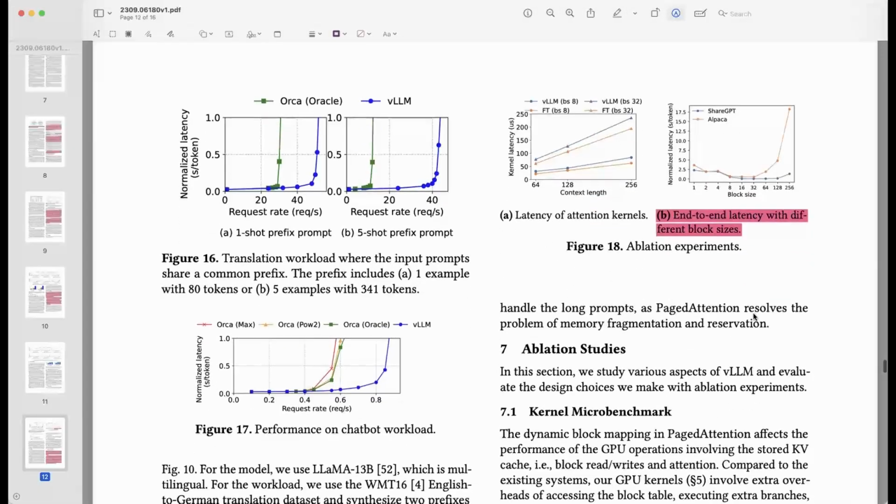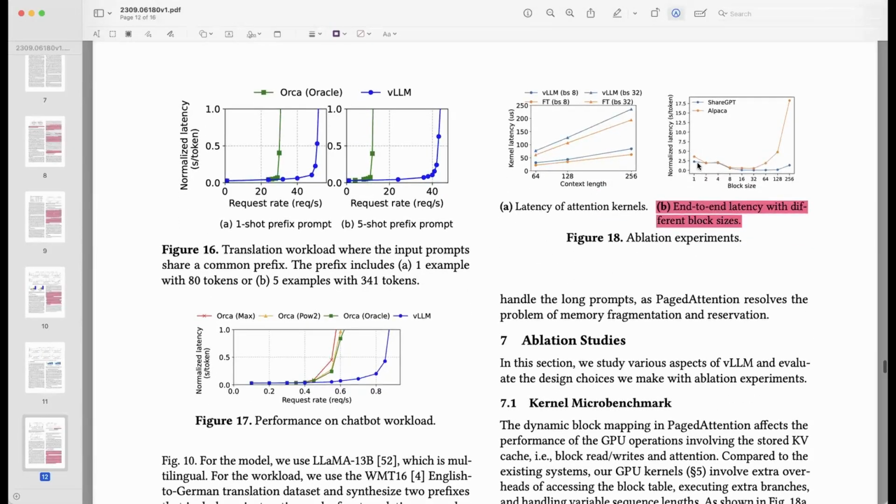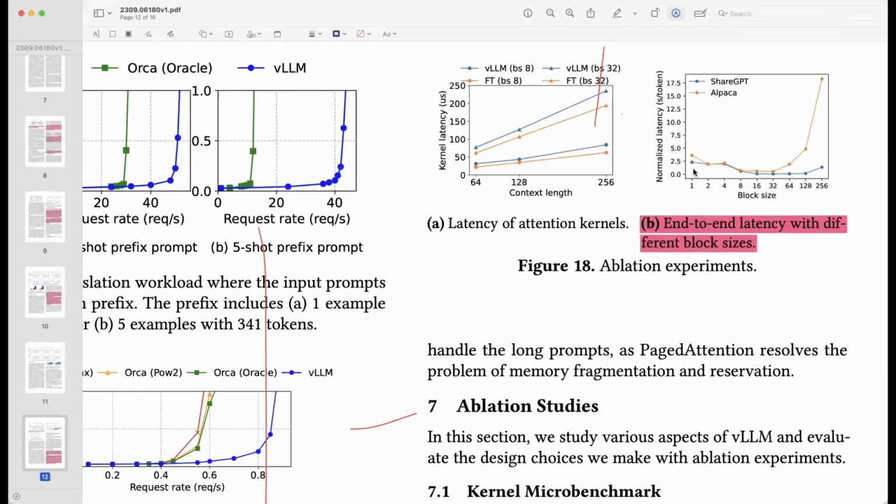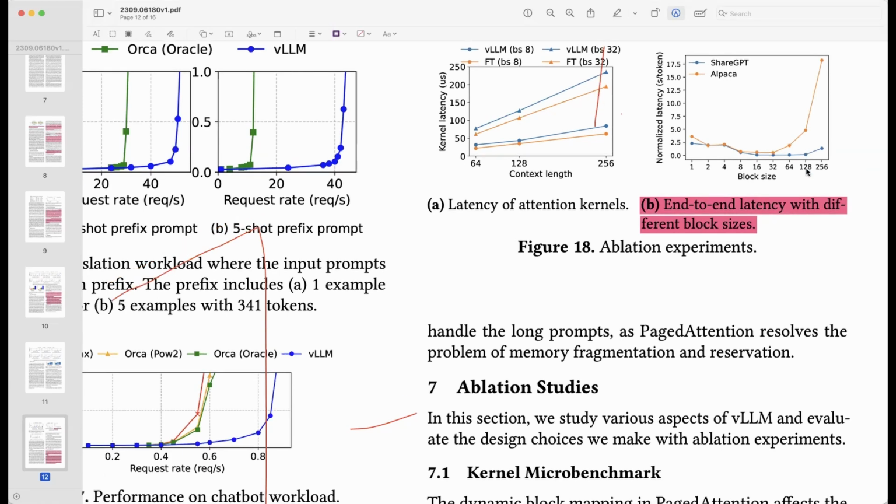Yeah, this was the one I was really interested in, how the latency differs with different block sizes. As the block size increases, at a certain block size, they get an optimal latency at like 16 or 32, and then it starts increasing again.